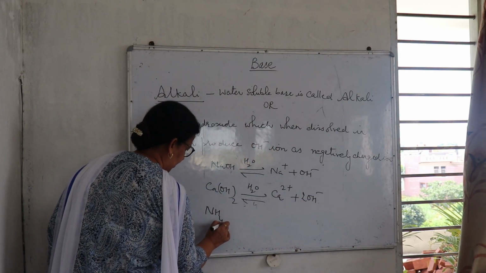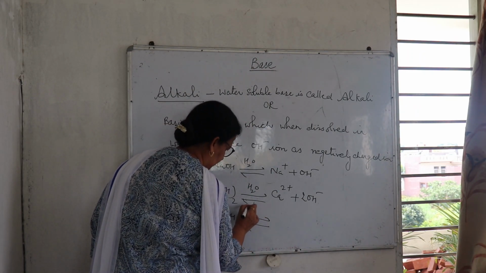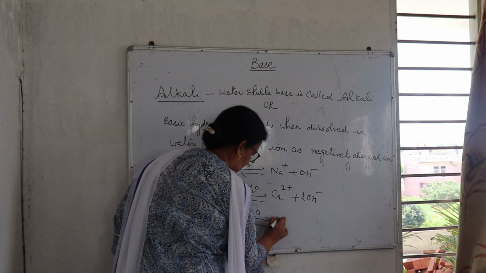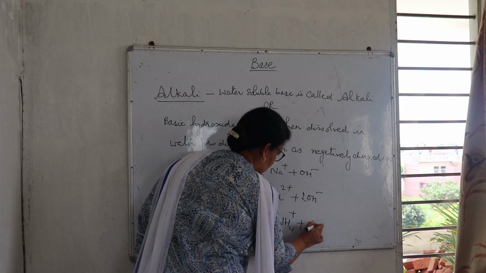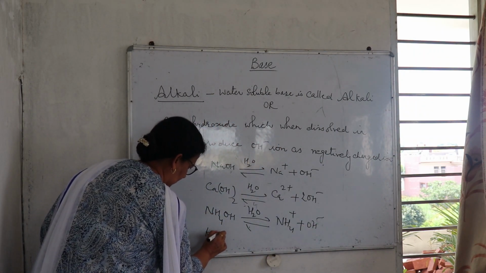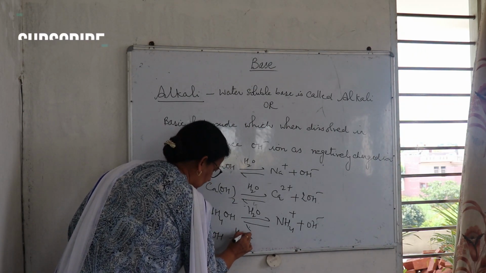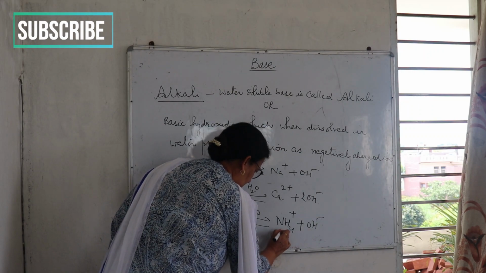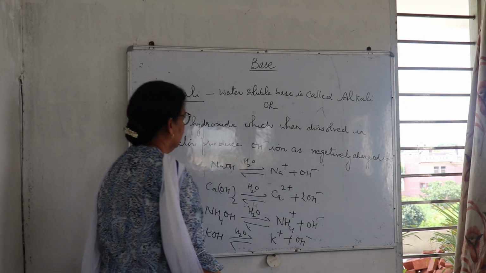Ammonium hydroxide when dissolved in water gives ammonium ion plus OH negative ion. KOH when dissolved in water gives K positive ion and OH negative ion.